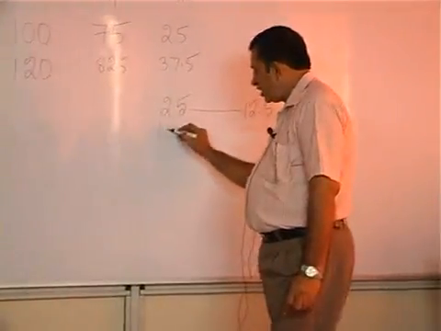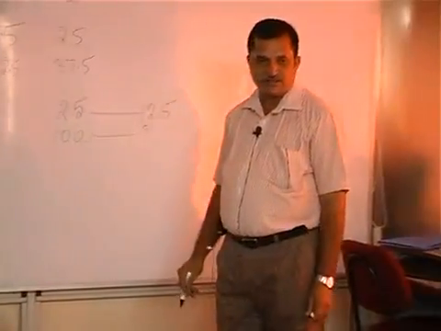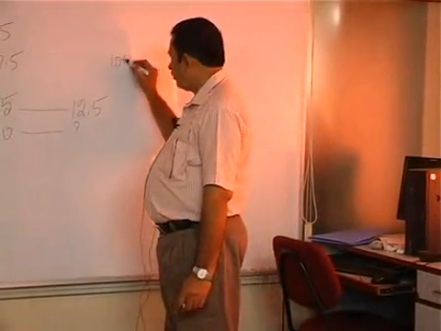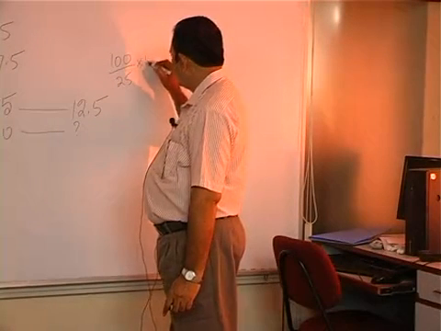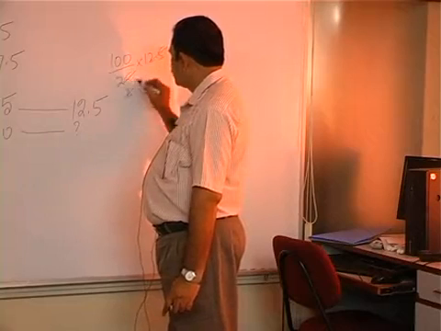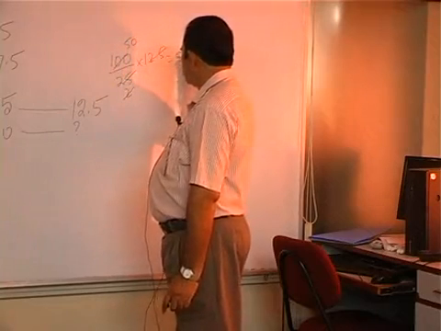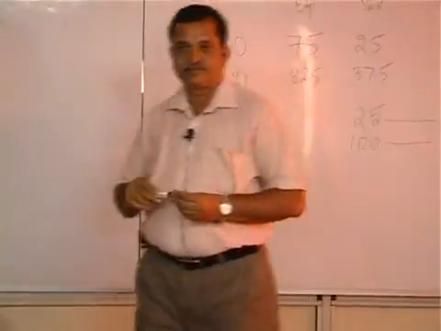For 100, what would be the increase? It will be more. More by less into 12.5. 12.5 twos, 250s. So her savings are increased by 50%. Clear?